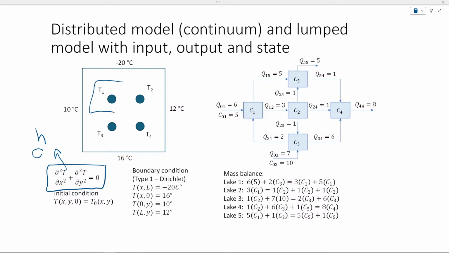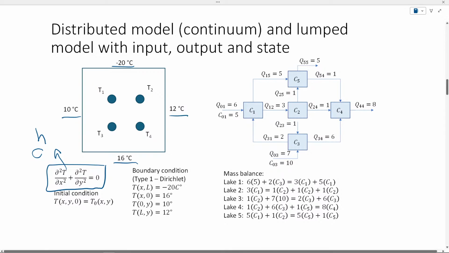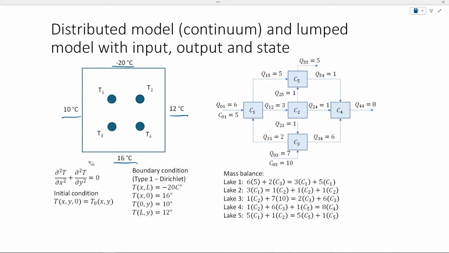In this cell, and in each different cell, we can resolve the temperature. This is our boundary condition, a type 1 boundary condition. If this is the boundary condition and the system is at steady state, not changing in time, can we find the temperature in this node, this node, this node, and this node?